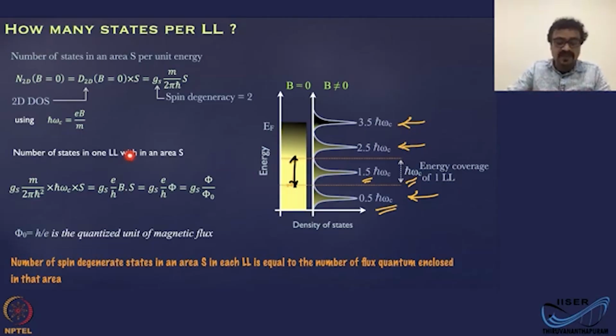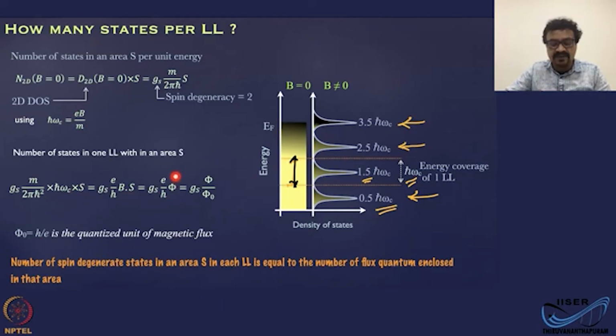Now, the number of states in one Landau level in an area S. So this is your spin degeneracy, the density of states, area S, the same thing here, times the available energy window of one Landau level, that is h bar omega c. That is what we discussed here. So when you work it out, you can replace omega c with eB by m, then you will get a magnetic field term here.